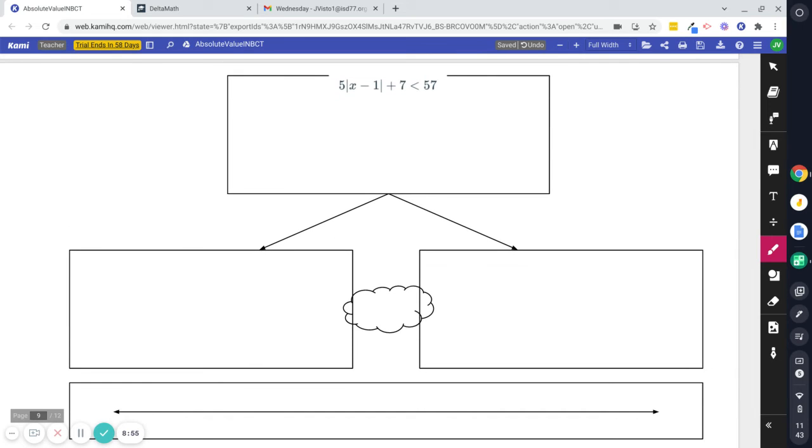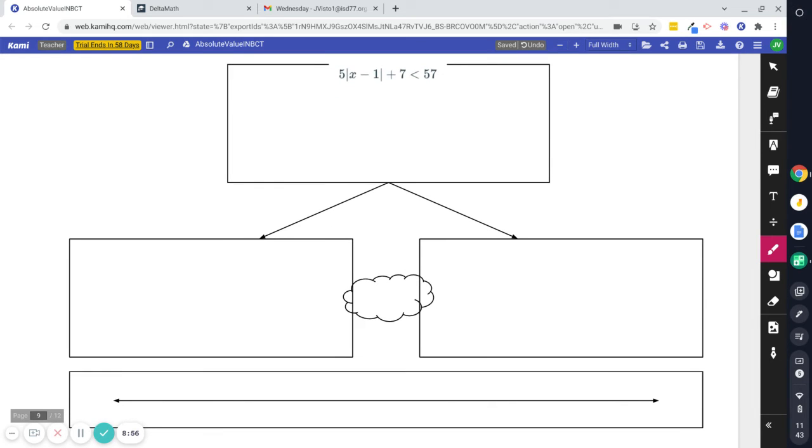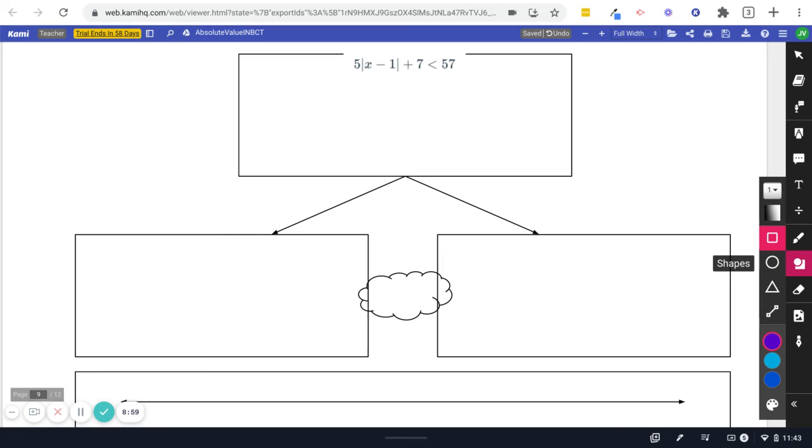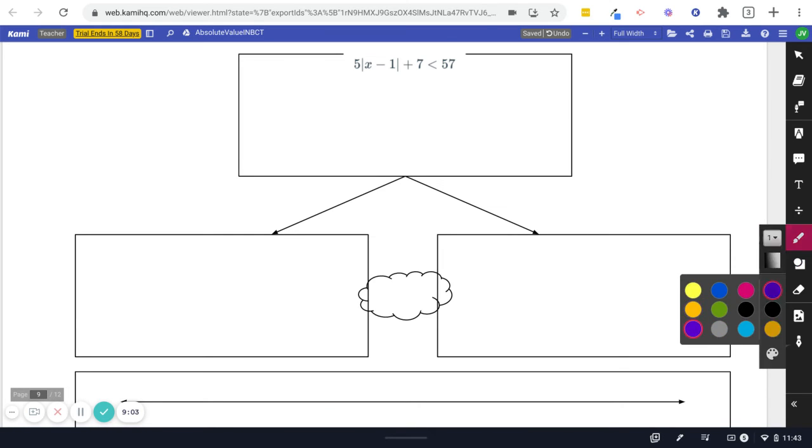Here it is. First thing we're going to do is we're going to isolate. Remember, that's what we're doing in this first box. We are isolating. As in, I want to be alone. The x minus 1 that's in the absolute value, it wants to be alone. So here we go. Let's clear out the 7. See you later.